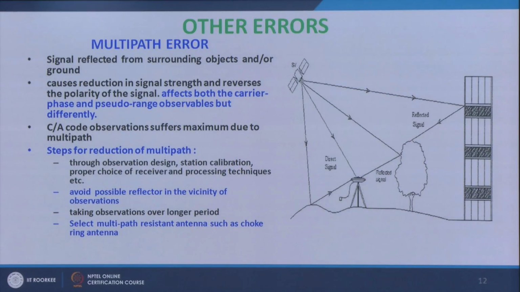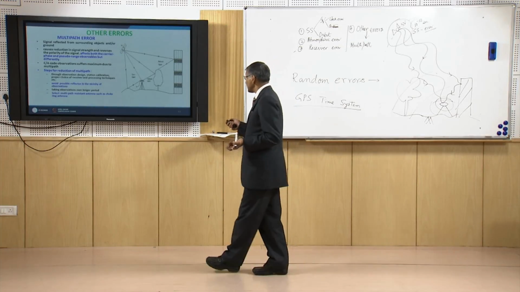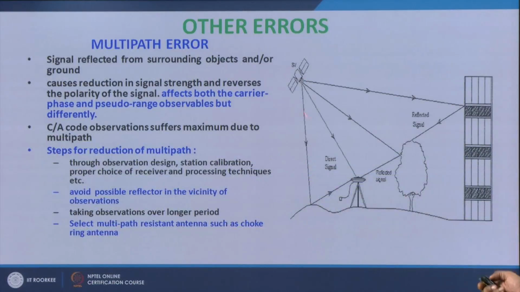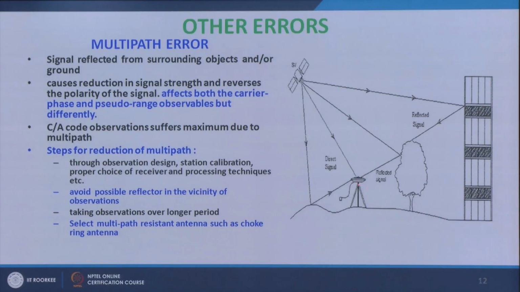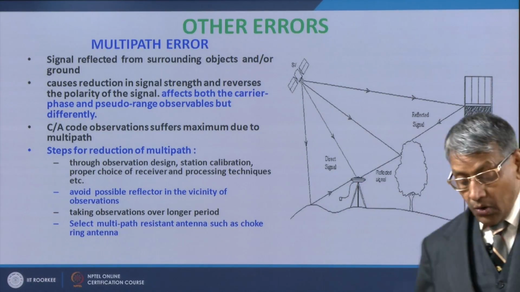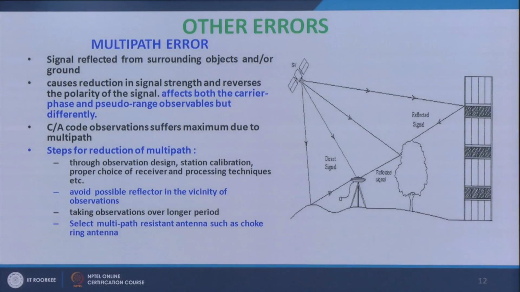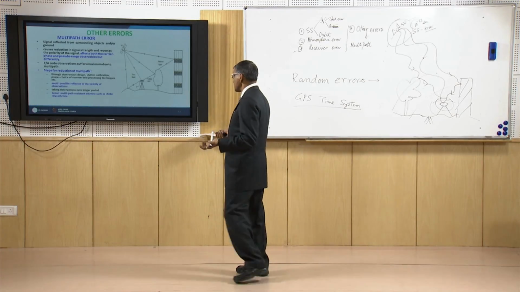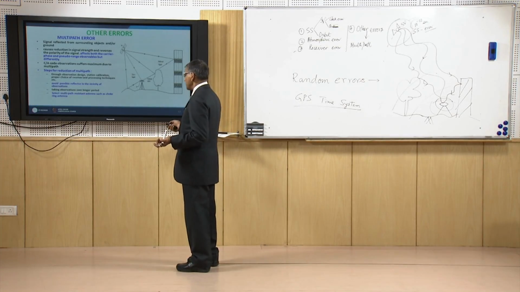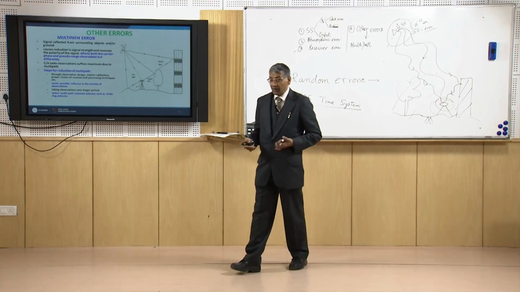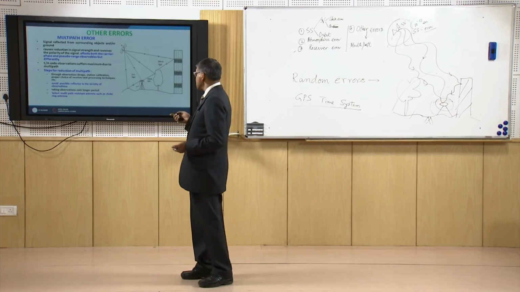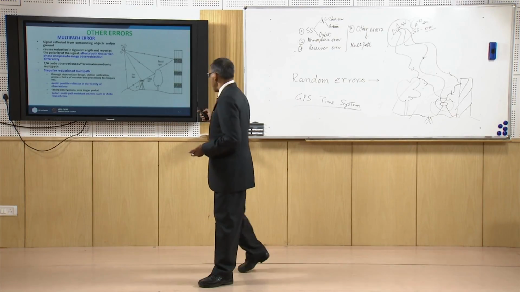The idea behind it is that the signal gets polarized, and the polarity of the direct signal and the multipath signal is different. Whenever the antenna receives signals of different polarity, it rejects them, and that is the concept of a multipath resistant antenna. If we use that type of antenna, we will be able to minimize the multipath error.